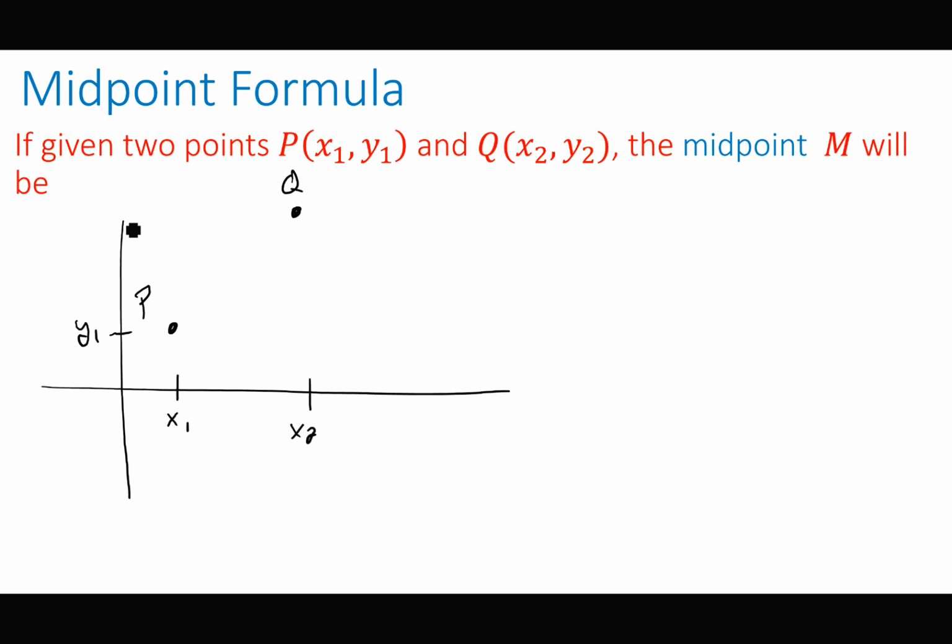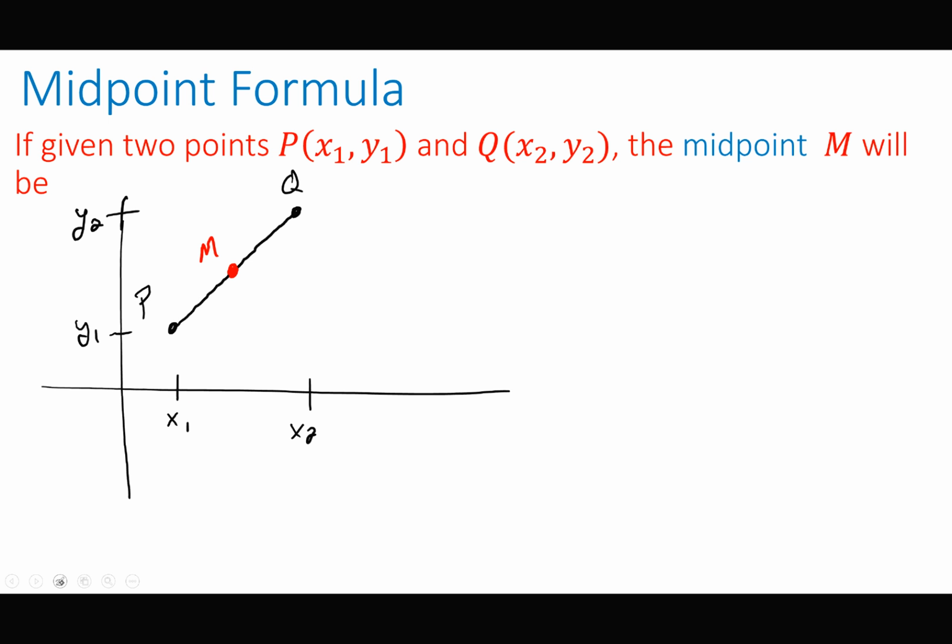Q is x sub 2 and up y sub 2. If I want to find some midpoint M between these two, and I want to find specifically what the coordinates of that midpoint would be.